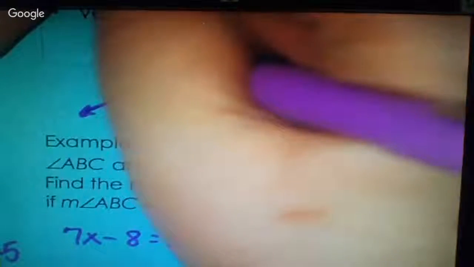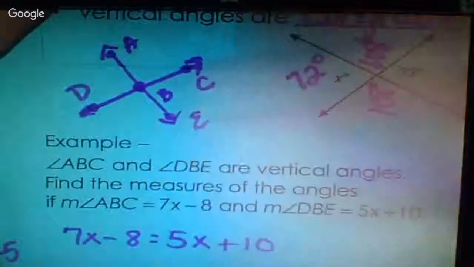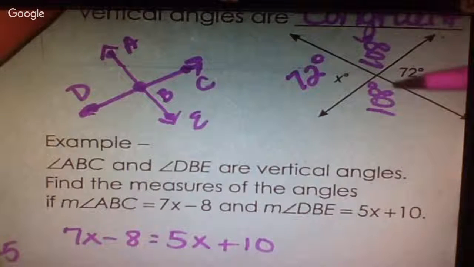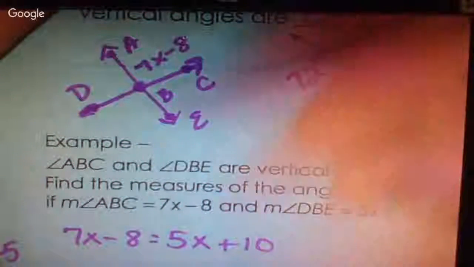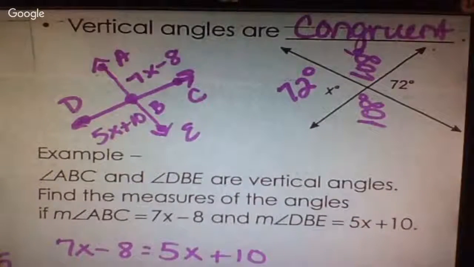This is A. This is C. This is D. And this is E. This is 7x minus 8. And this is 5x plus 10. That's what the picture looks like.